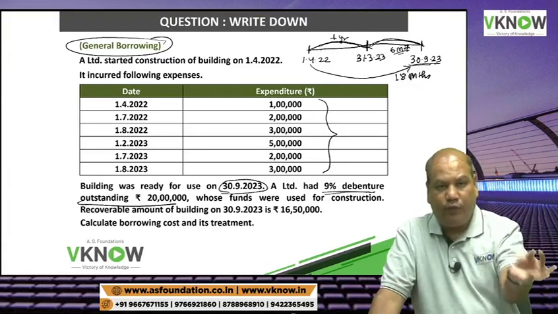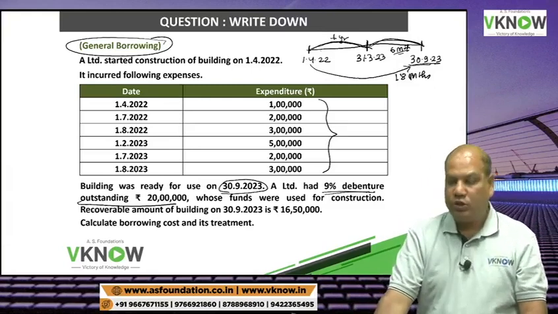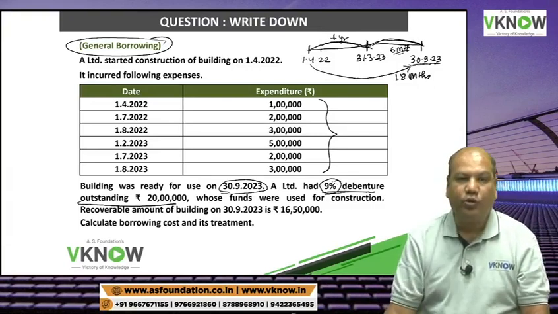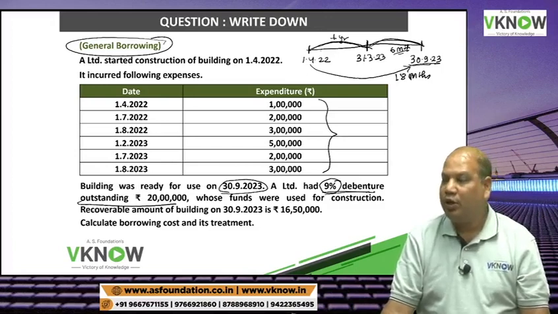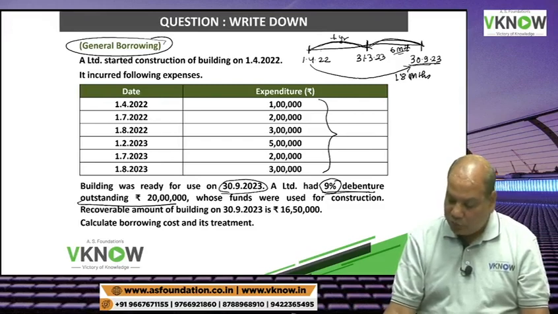However, the funds were used for construction of building also. So it is a general borrowing. The good part is that there is only one source of borrowing, 9% debenture, and therefore you don't have to calculate the weighted average borrowing rate, or the capitalization rate. So that is one easy part.